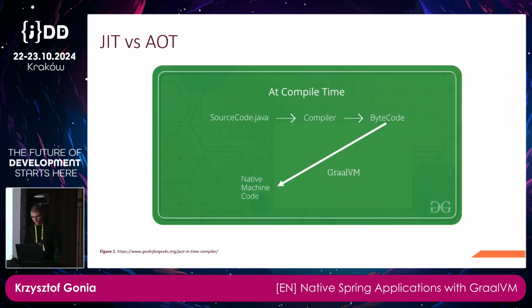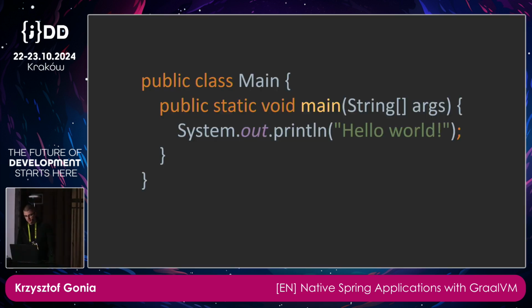So with GraalVM, we go straight from the bytecode to the native machine code. So we don't need to provide the JVM because we'll get an executable file specific to some system.